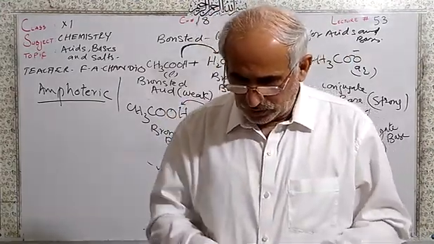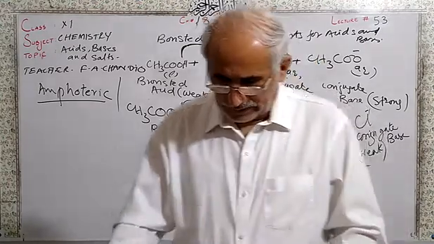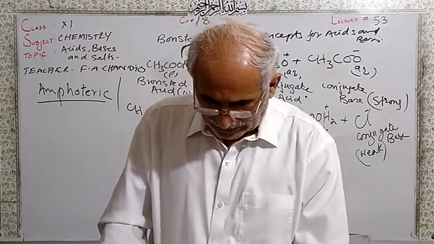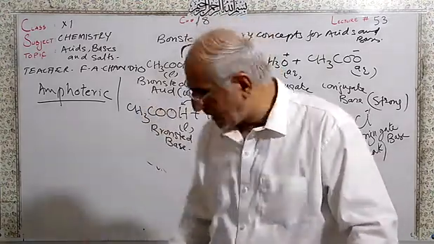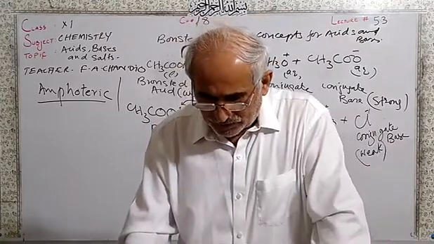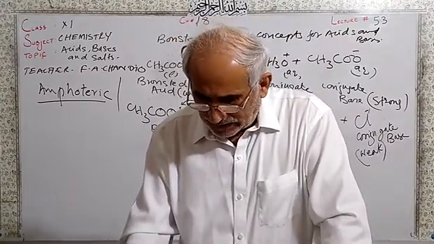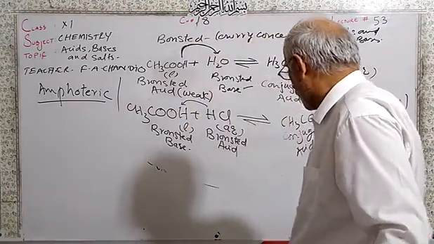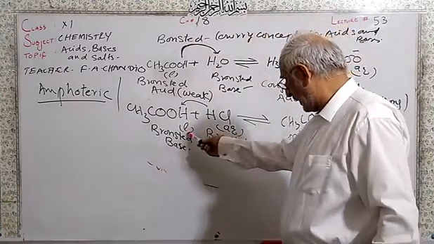And also I told you about conjugate acid and conjugate base, I told you the definition. Again I am telling you, the conjugate acid is the species formed as a result of acceptance of a proton by the base.